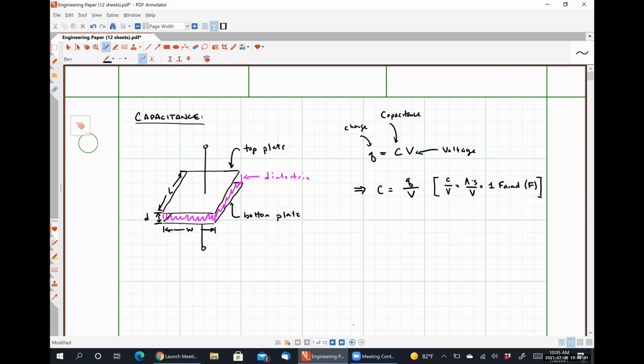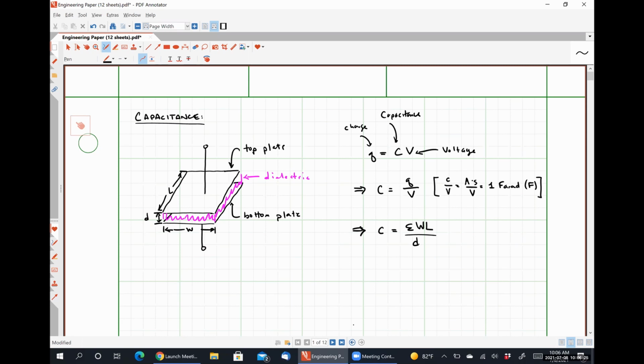Okay. So the ability for a capacitor to store charge for an applied voltage, particularly for this parallel plate structure that I've drawn, is governed by two factors: the geometry of the capacitor, and the material properties of the dielectric. So much like a resistor, the capacitance depends on the shape. So we could say that C, our capacitance, is dependent on epsilon times W times L, so the area of the plate, divided by D, the distance that separates the plate.